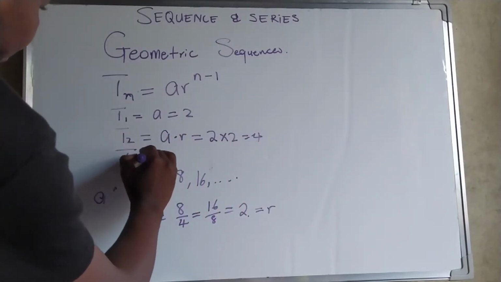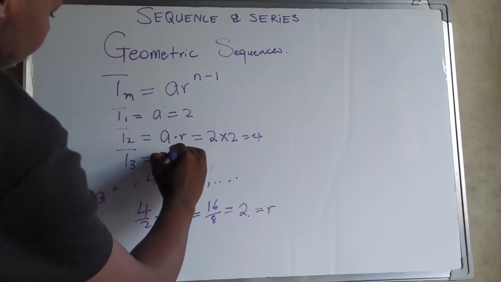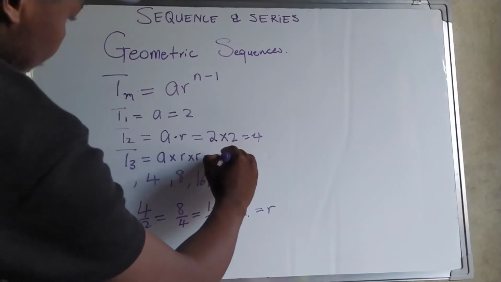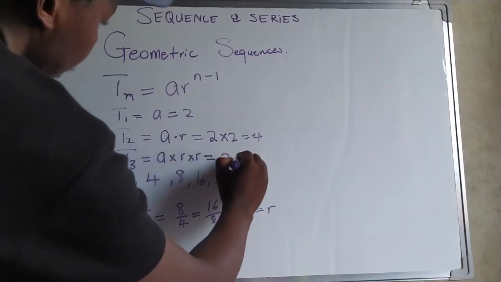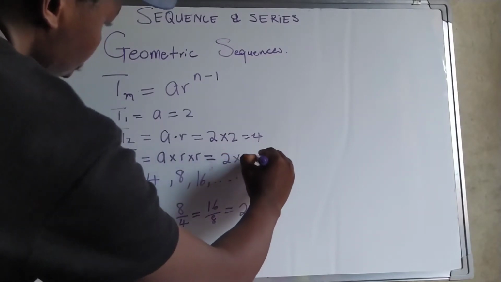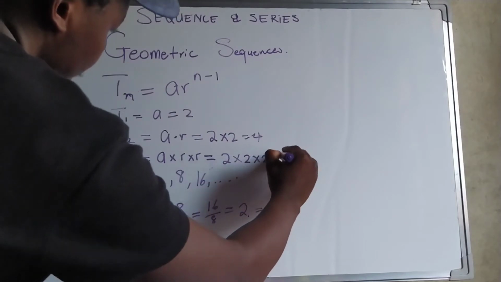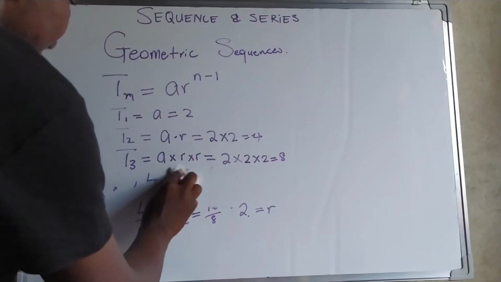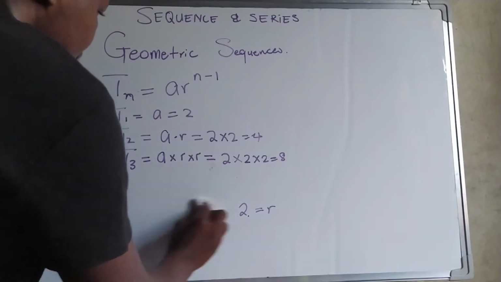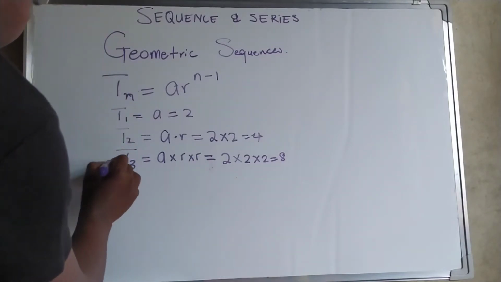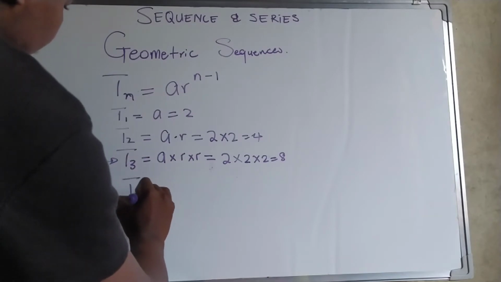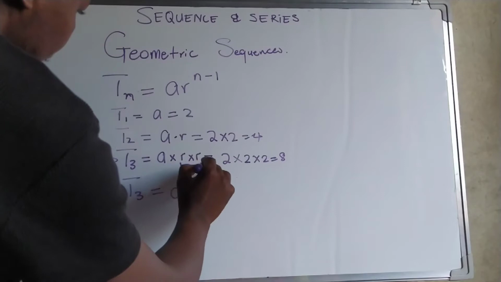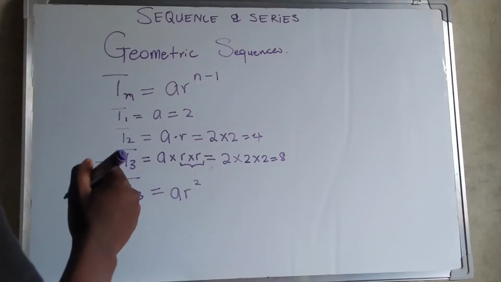We have the third term as A multiplied by R multiplied by R. This is 2, which is the first term, multiplied by the constant ratio, multiplied by the constant ratio. This gives us 8. So another way to represent this would be to say T3 is equal to A R squared, because this is R multiplied by R, okay?